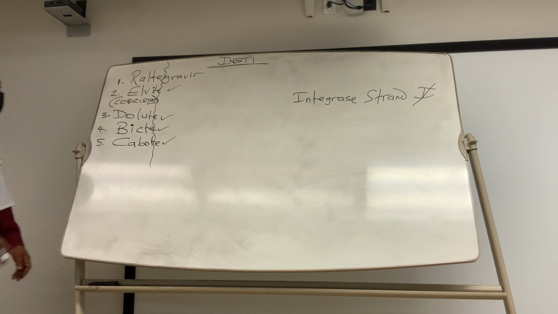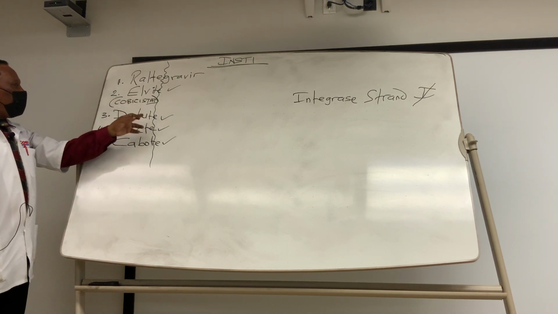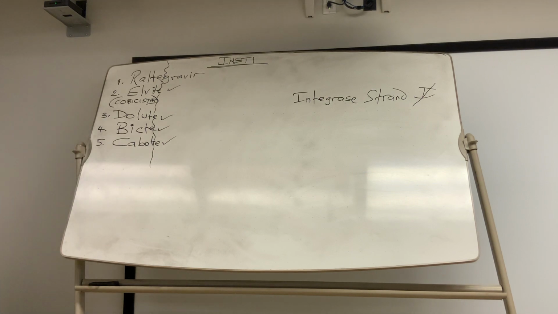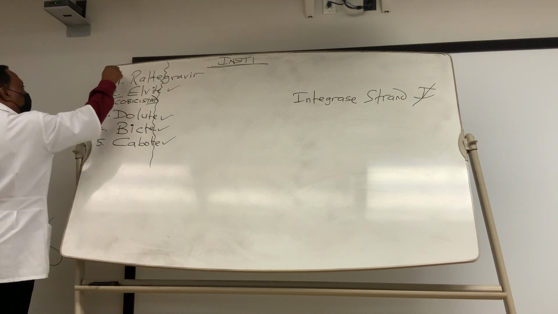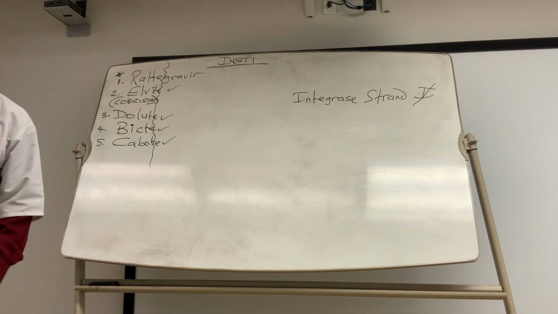Cabotegravir. So we can even extend it to tegravir, basically, because they all end with tegravir. Yeah, cabotegravir. We'll just quickly look at tegravir as the representative agent there. The mechanism of action will be the inhibition of integrase.